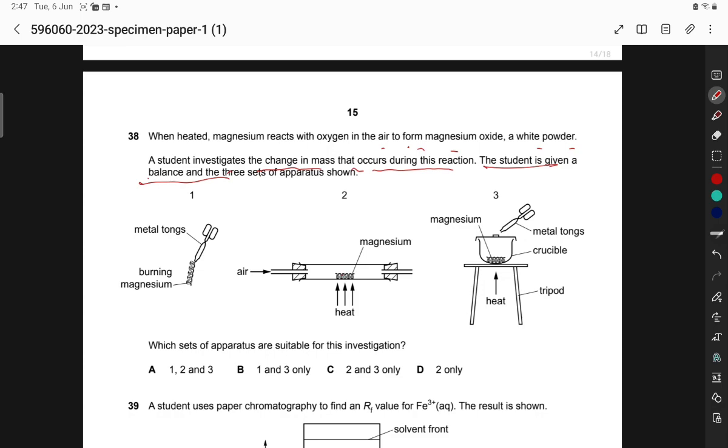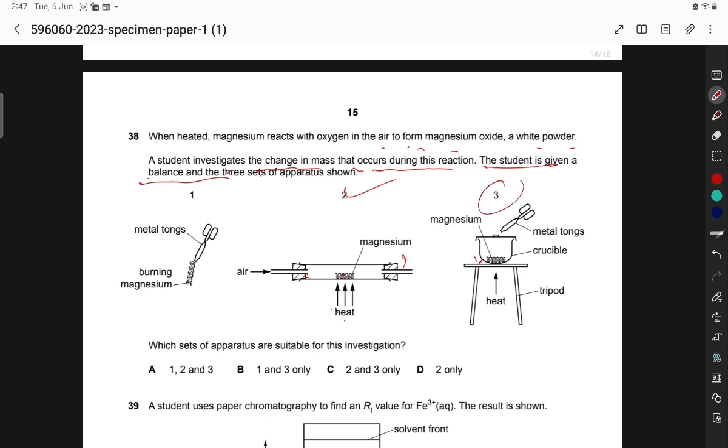Magnesium is placed over here and air is passed on both sides. When white solid is formed, it means the reaction is complete, so this must be correct. And the crucible setup is also correct to investigate the reaction of magnesium with oxygen.